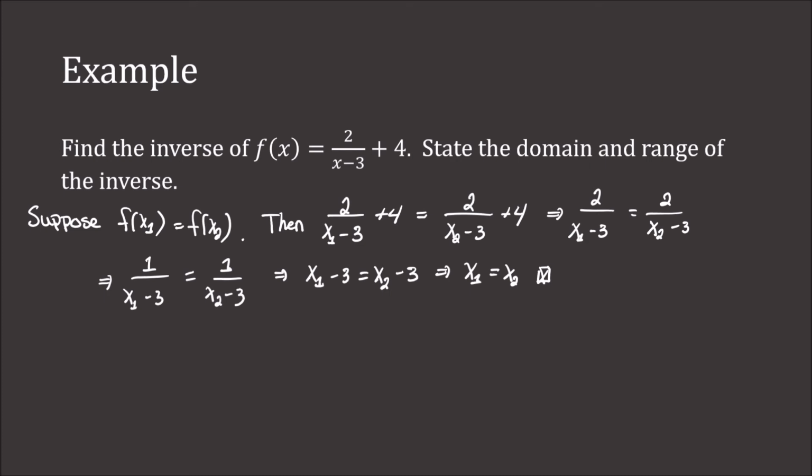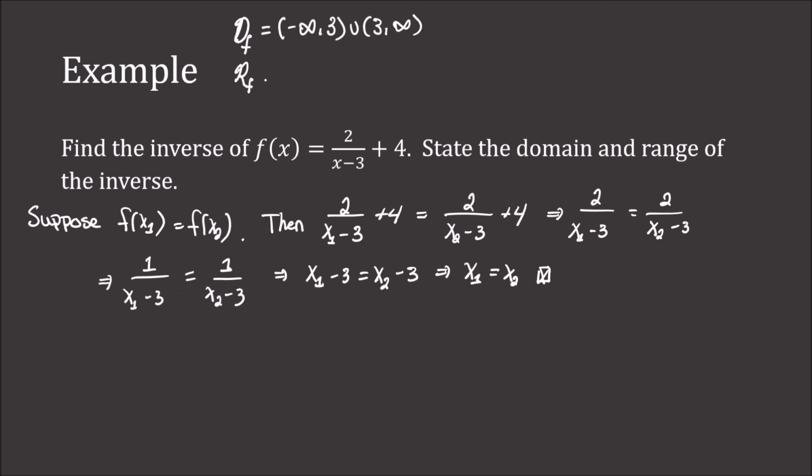Now I'm going to write the domain of f here. So what is the domain of this function? Well, it's everywhere where the denominator is not equal to 0, which is everywhere except where x is equal to 3.